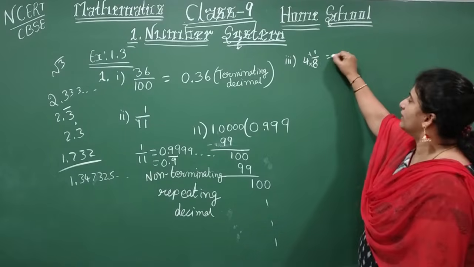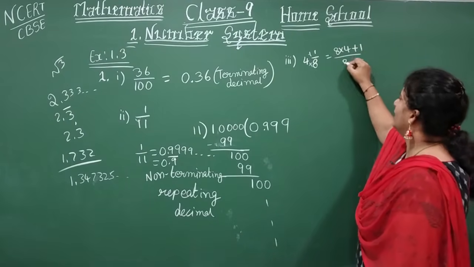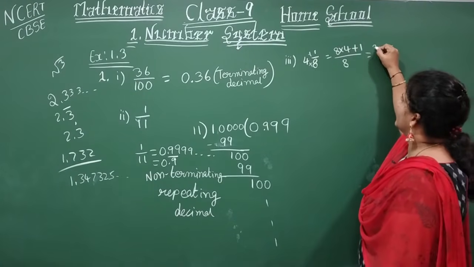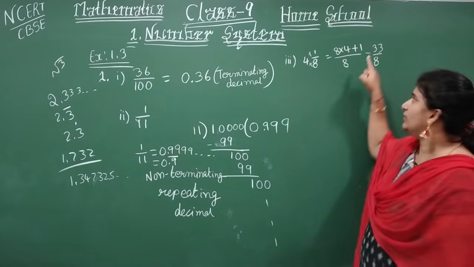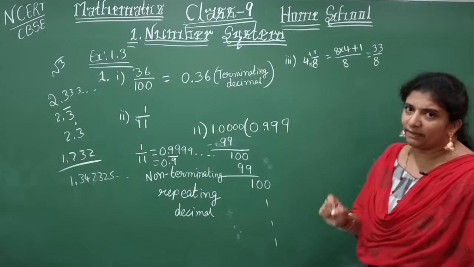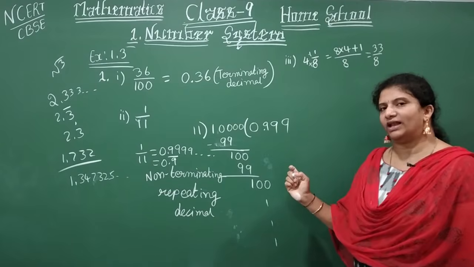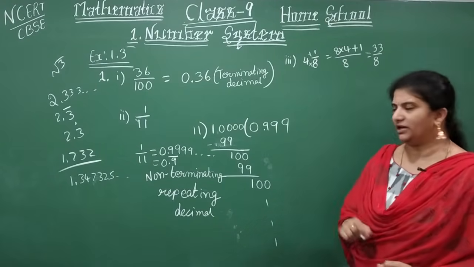If you want it clearly, you can go with 8 into 4 plus 1 by 8. That will be 8 fours are 32 plus 1, 33 by 8. So now we need to divide this rational number, 33 by 8, and get the decimal value. After getting the decimal value, we need to say whether it is terminating or non-terminating.